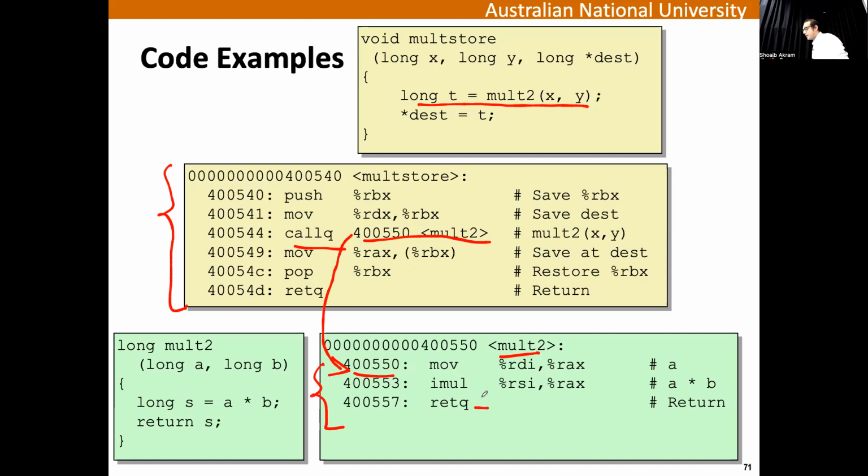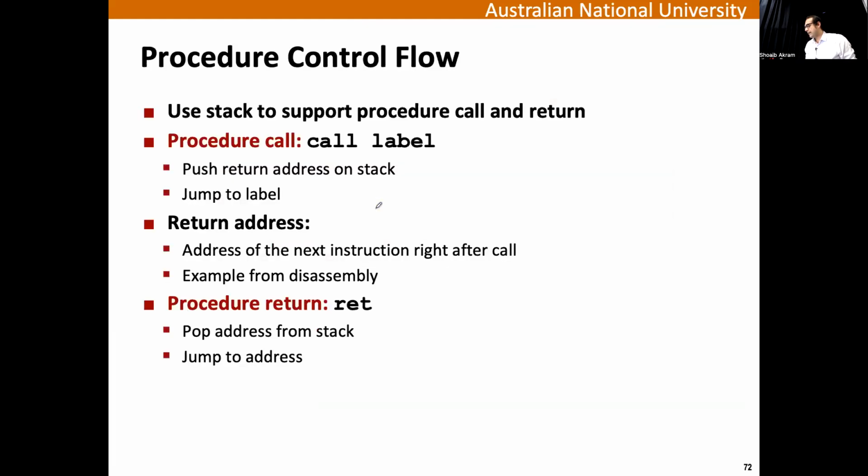And then when we return, we go back to this point. The value is returned in RAX, and this function is moving the return value to some destination that is in RBX. All right, so this is how function calls look in assembly.